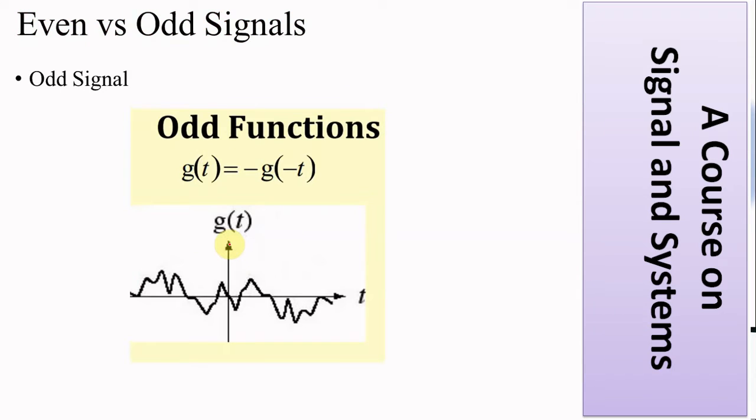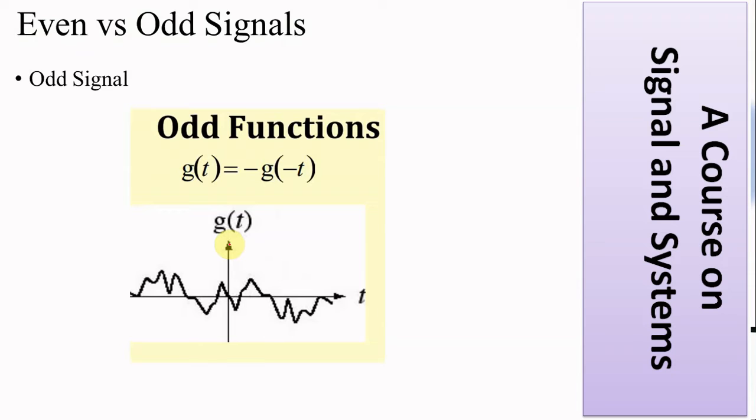Similarly, the signals can be odd signals. They can be formulated as odd functions if g(-t) is actually negative times g(t), or in other words, g(t) is equal to -g(-t).